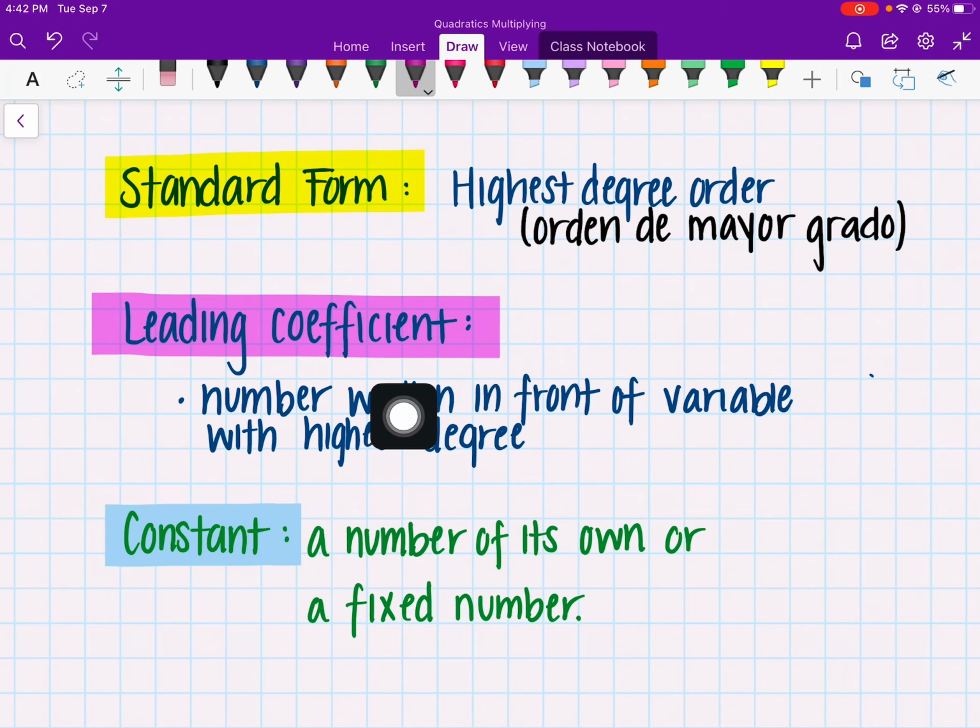Leading coefficient in this case talks about the number that's in front of the highest degree. So once we put it in order, the first number that's in our expression, that's going to be our leading coefficient. Constant in this case, guys, is just talking about the number. It's just a number. It has no variable. So that would be the constant here.